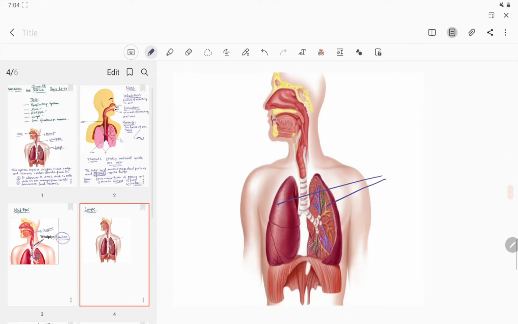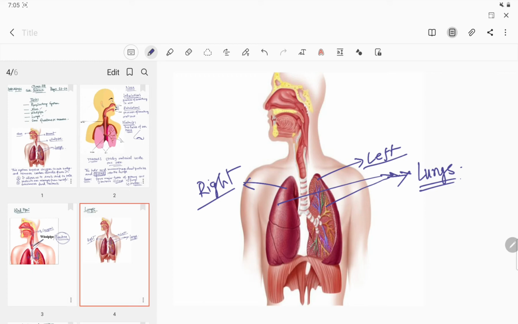You have two lungs. Two lungs means one pair of lungs. This is the left lung, and this is our right lung.